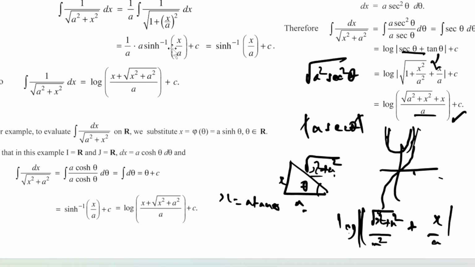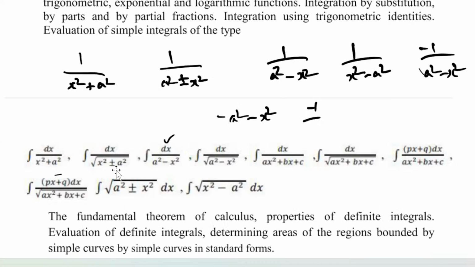This is sine h inverse x by a. And we know sine h inverse x, we discussed that formula, you can express it in terms of logarithms. Clear? Next, what about under root of x square minus a square?